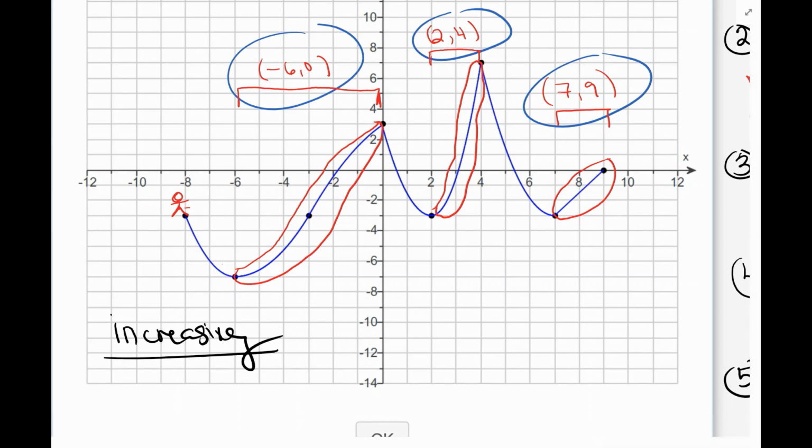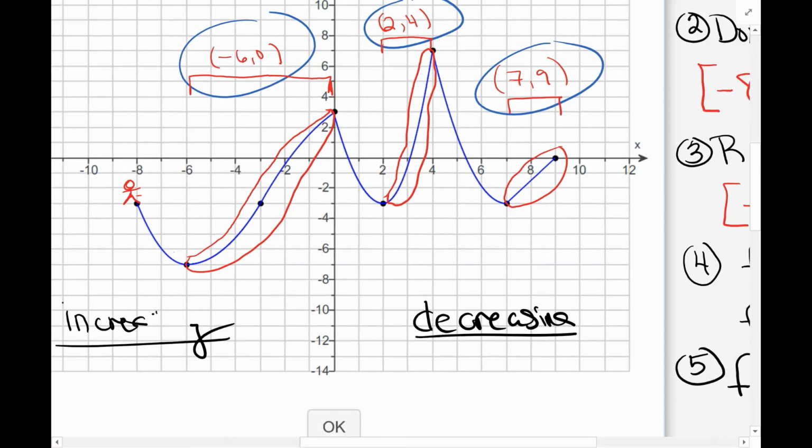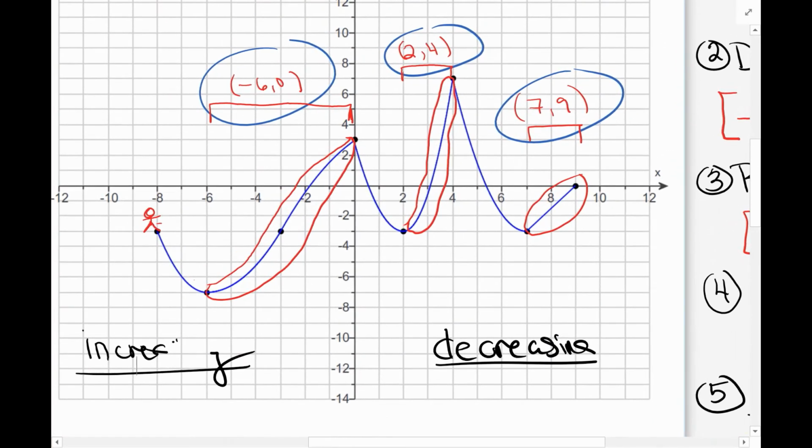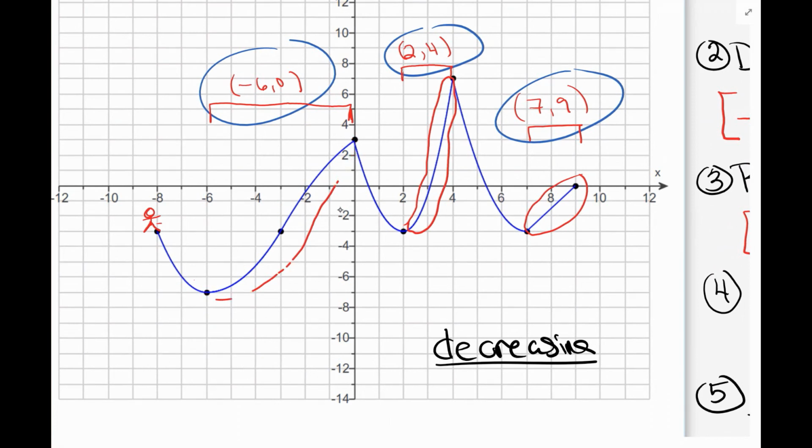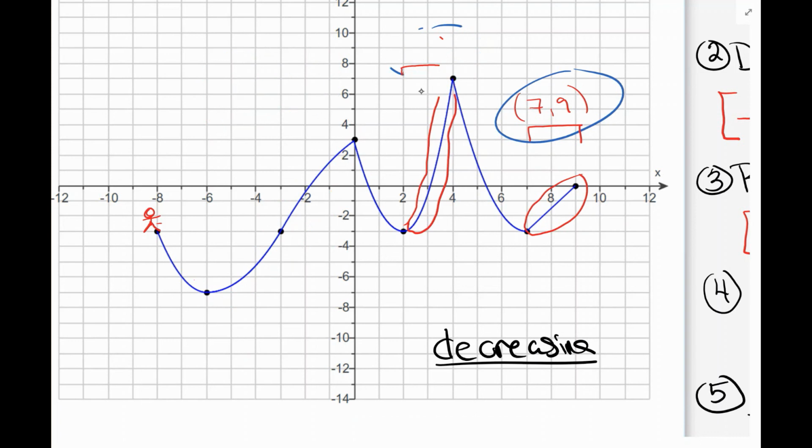Okay, now let's talk about decreasing. When am I going down the roller coaster? So we got to erase all of this stuff that we have on here. Let's erase this increasing. Let's erase this circle because that's increasing also.